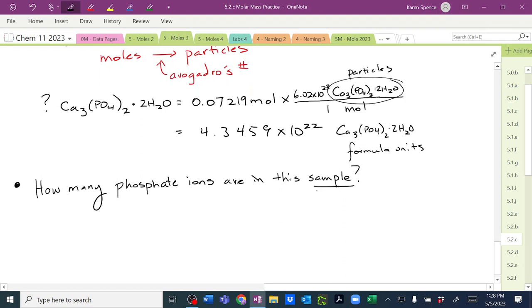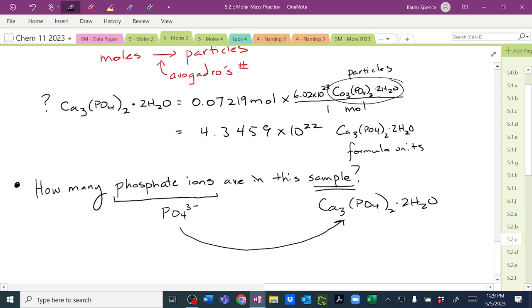So this sample would be the Ca3(PO4)2·2H2O, and the phosphate ions would be PO4 3-. Do you know how to go back and forth between those two different types of particles?